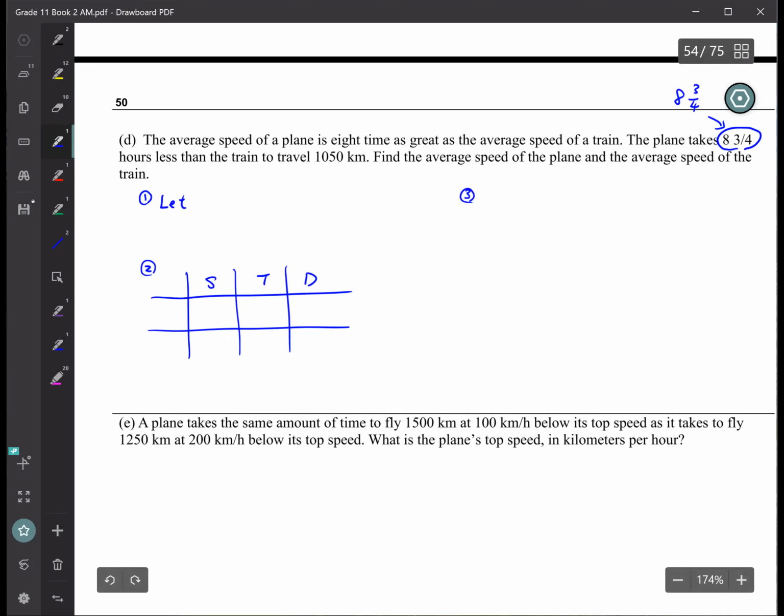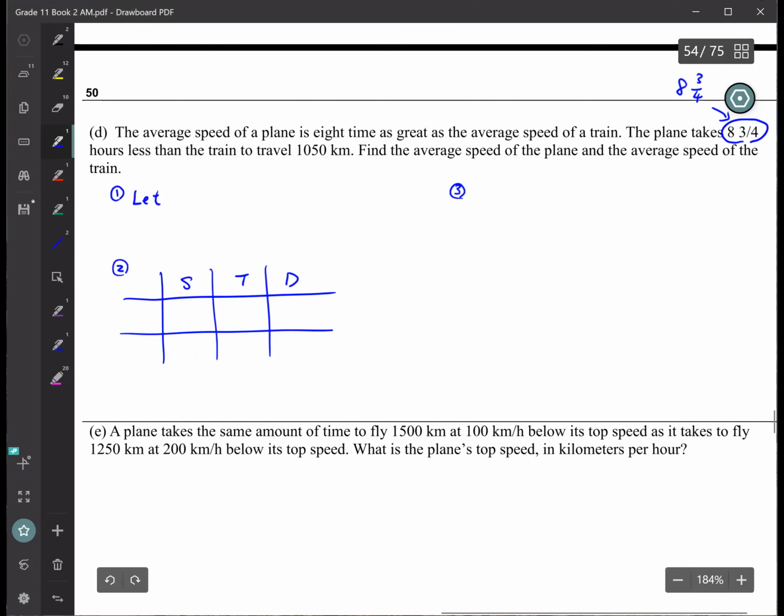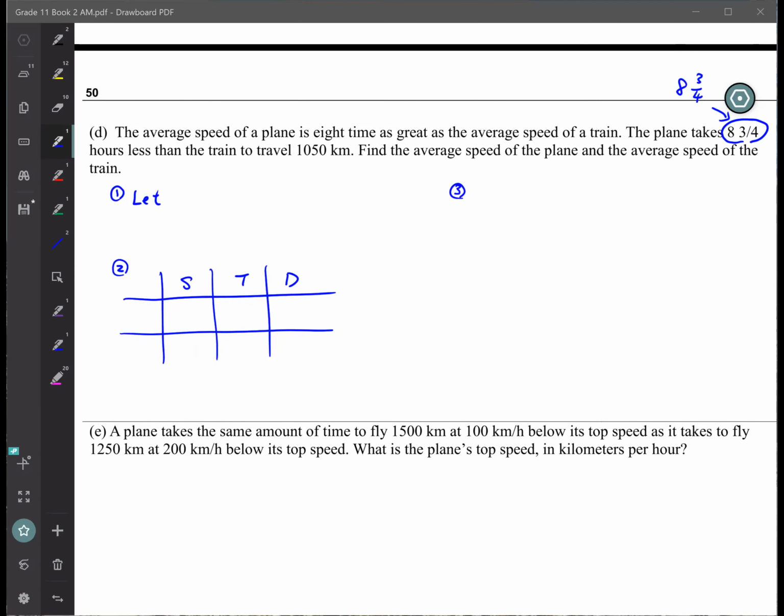When you finish all 3, please raise your hand. One thing to watch out for is the words "less than." Pay attention to that.